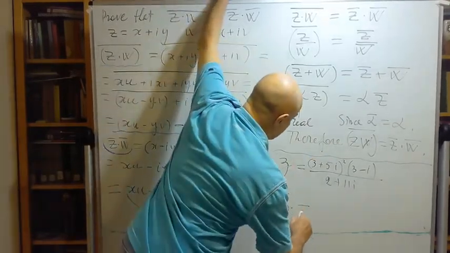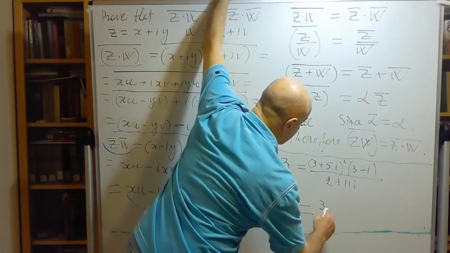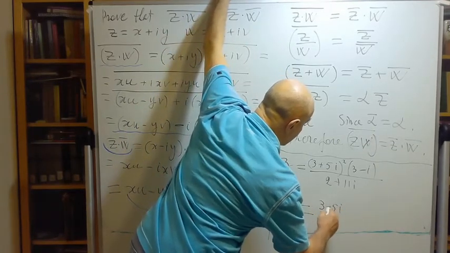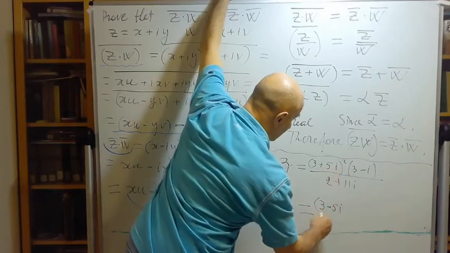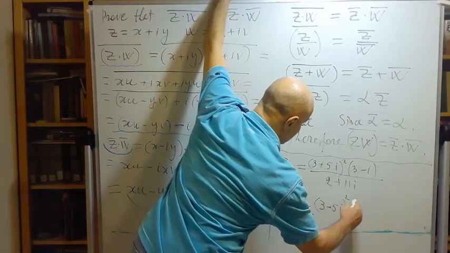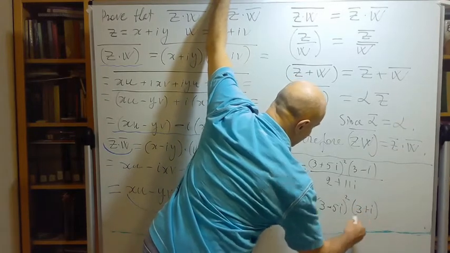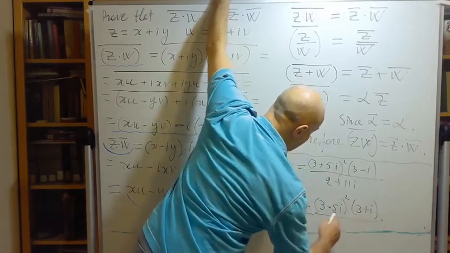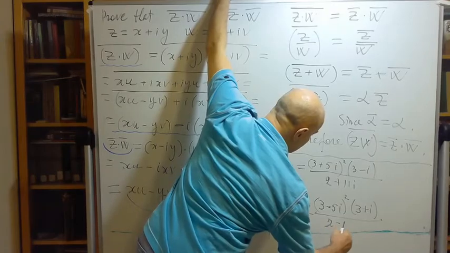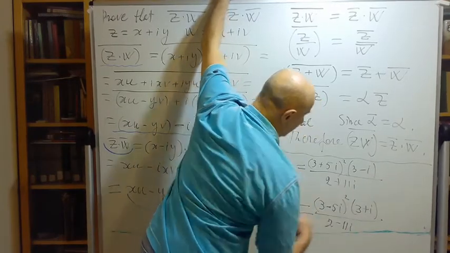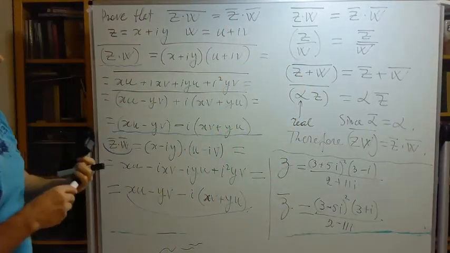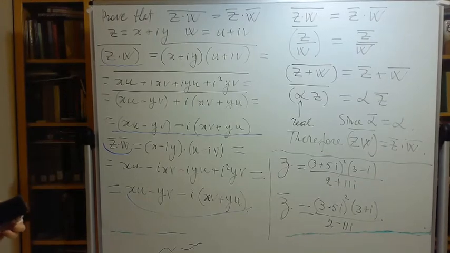So we just say z conjugate will be 3 minus 5i, so we put minus before this i, squared, the rest is the same, multiplied by 3 plus i, and divided by 2 minus 11i, minus before this i as well. That's all. These are the properties of the conjugates.